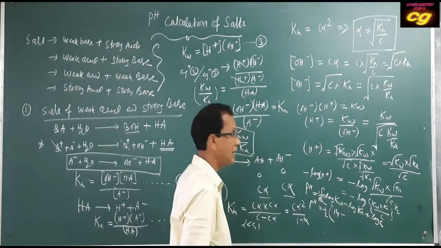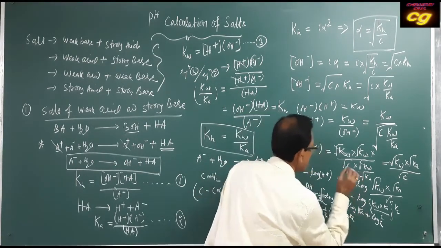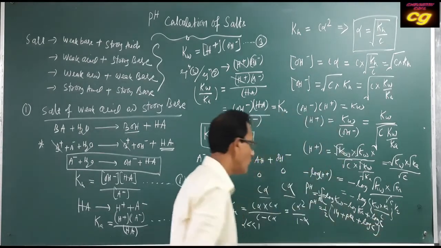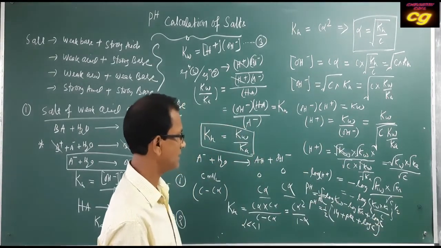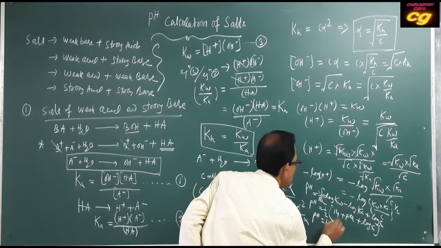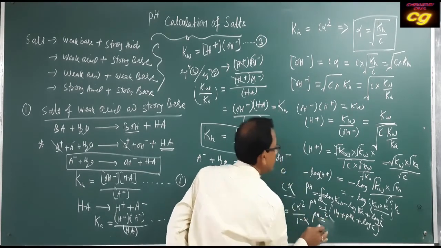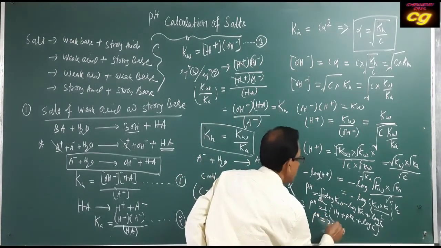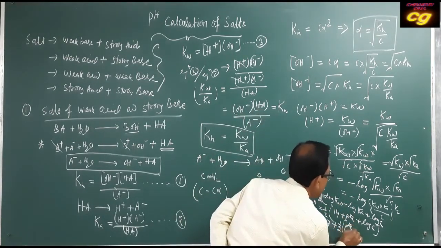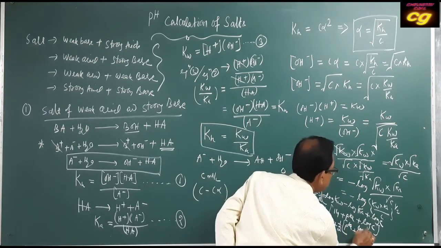Minus log K is equal to how much? pK, that is pK plus log C. If you multiply the half, pH is equal to, if you take half inside, 7 plus half pKa, because minus log of K is equal to pK, plus log C.